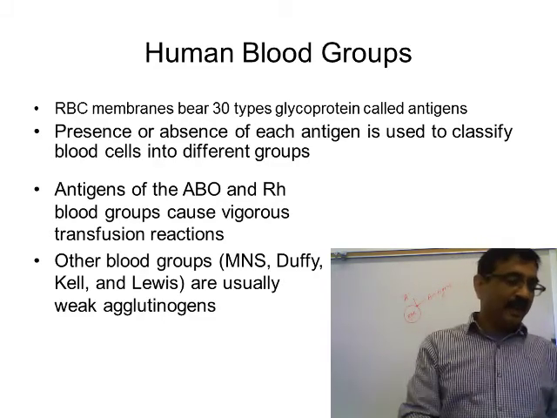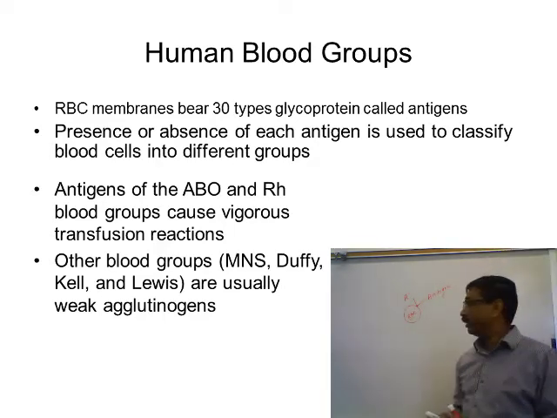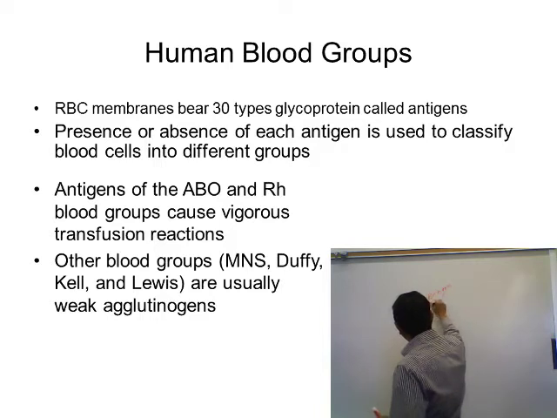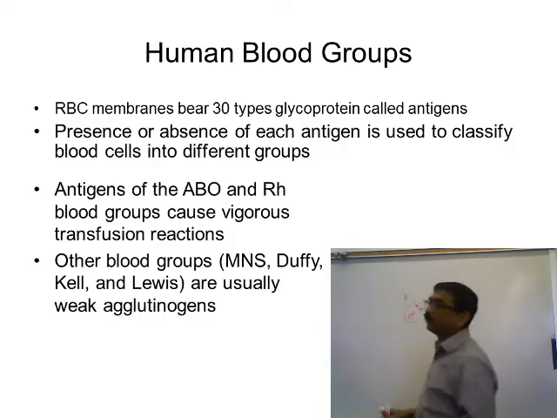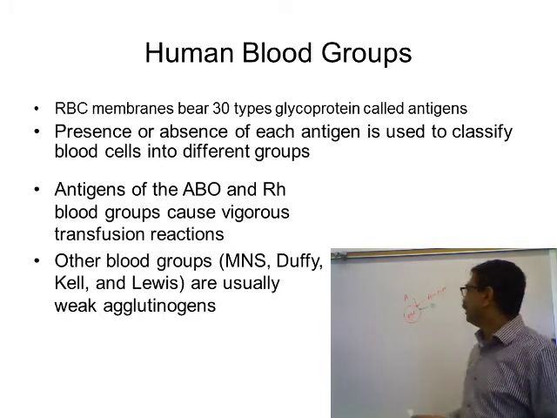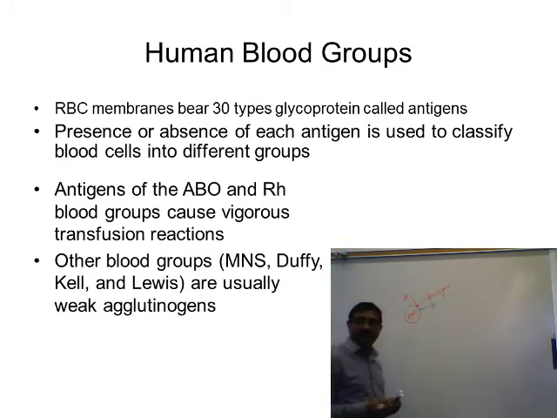If A type antigen is present, blood type is A. If someone has both A and B type antigen, then what will be the blood type? AB. There is another antigen which determines the blood type, that is called D.